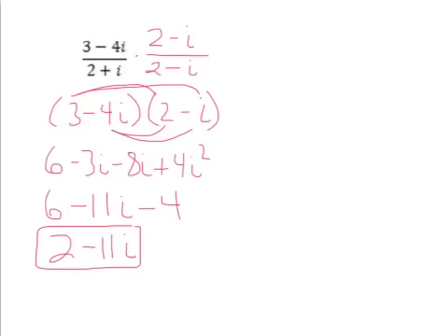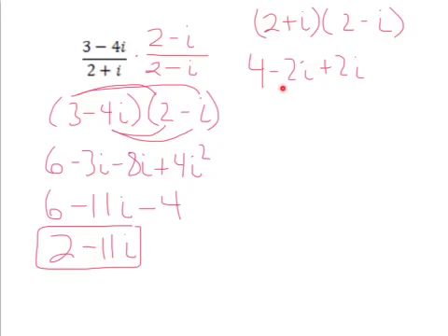Next one's my denominator. So my denominator is going to be 2 plus i times 2 minus i. So we do 2 times 2, which is 4. Then I have 2 times negative i, which is negative 2i, and i times 2, which is positive 2i. If you notice here, my negative 2i and positive 2i are going to cancel.